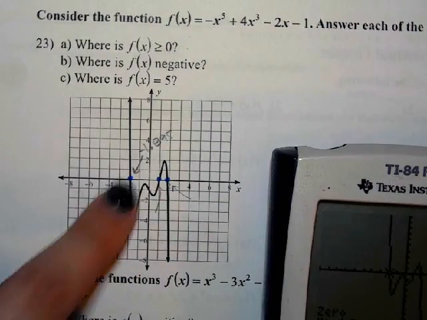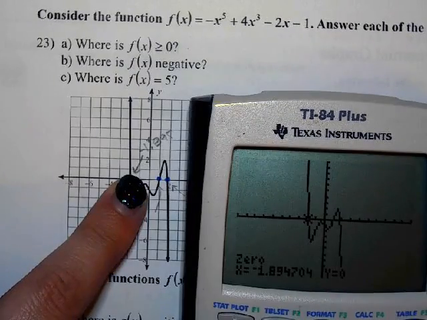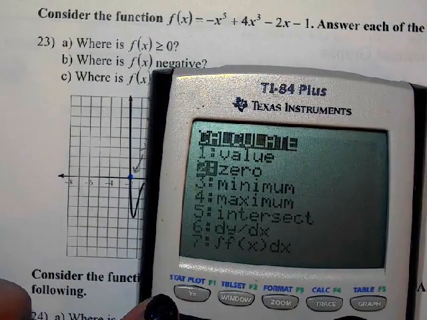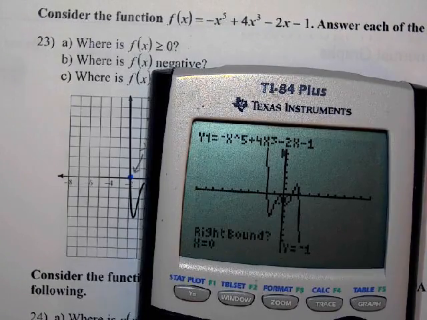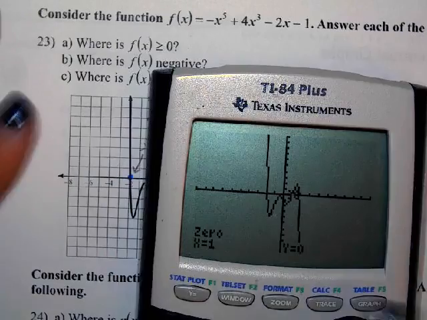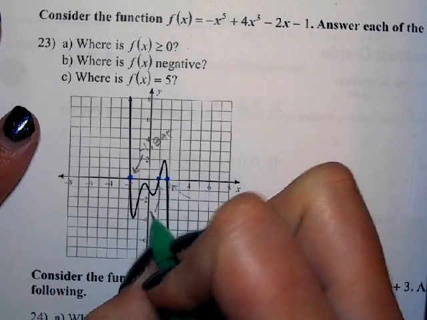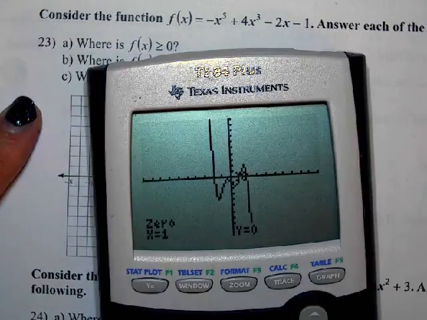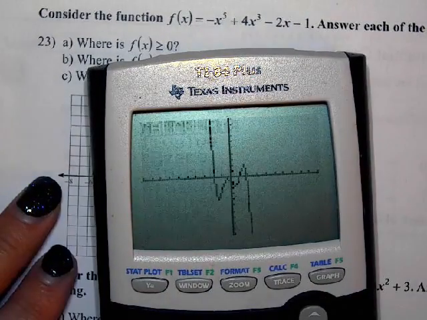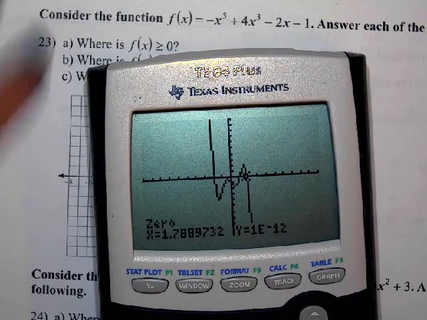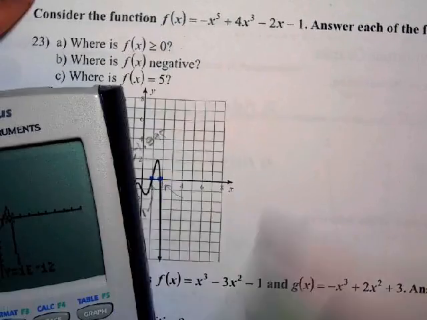Okay, so the next one is very close to 1. Oh, it's at 1. That one is actually at 1. That's cool. And then what's the last one? 0.789.